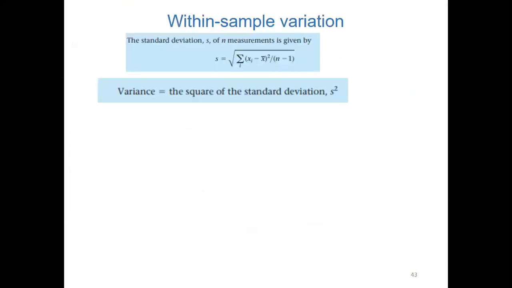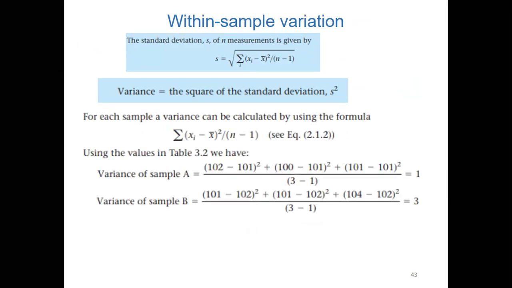The first thing we have to do is determine the within sample variation. When we determine the within sample variation, we take the difference between each measurement and the mean for every condition. So we are comparing the mean of a single condition with every measurement within it. That is the within sample variation.